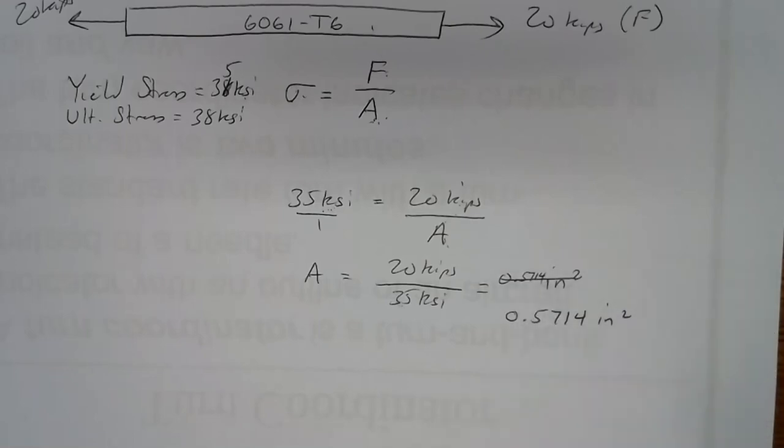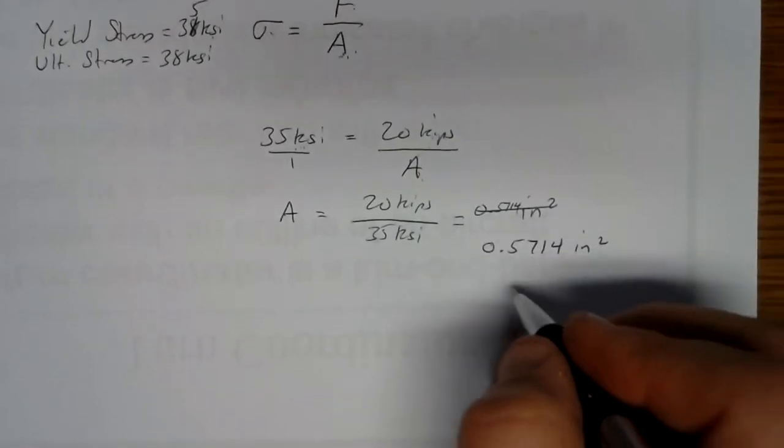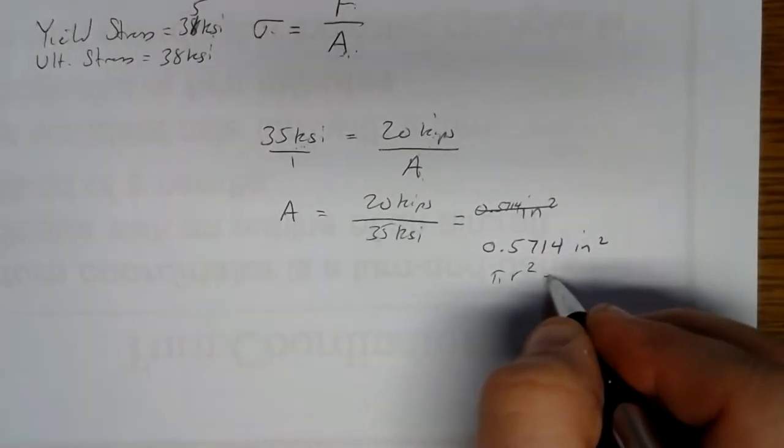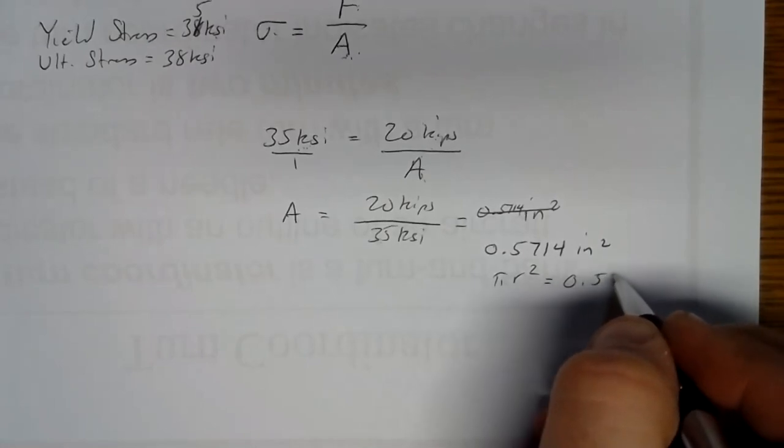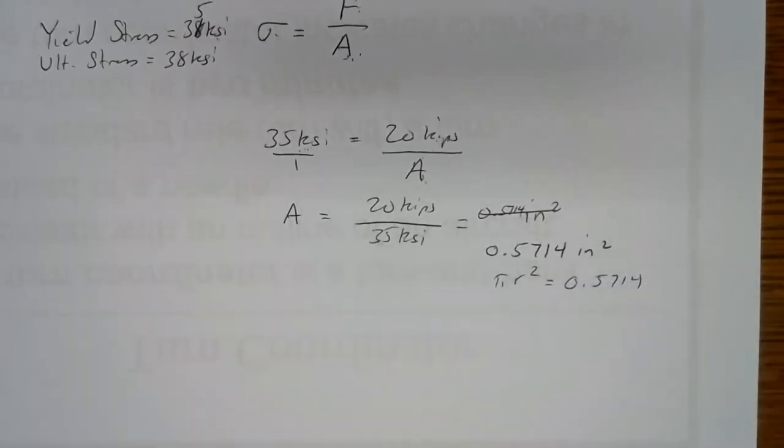So we could figure out, for example, if this is circular, we could ask, well, if this is pi r squared, what would be the radius? So we could go through and figure that out. 0.5714, we divide it by pi, take the square root, multiply it by 2 to get diameter. This would be about 7/8 of an inch diameter.